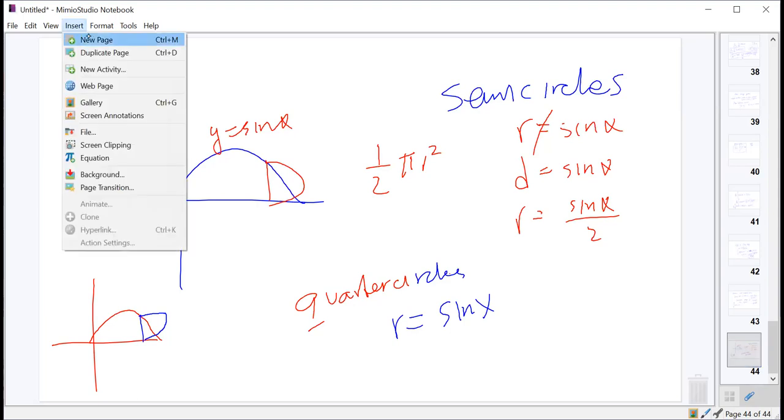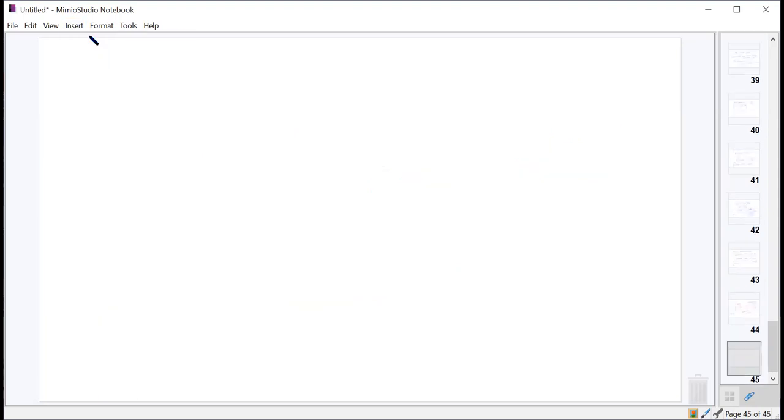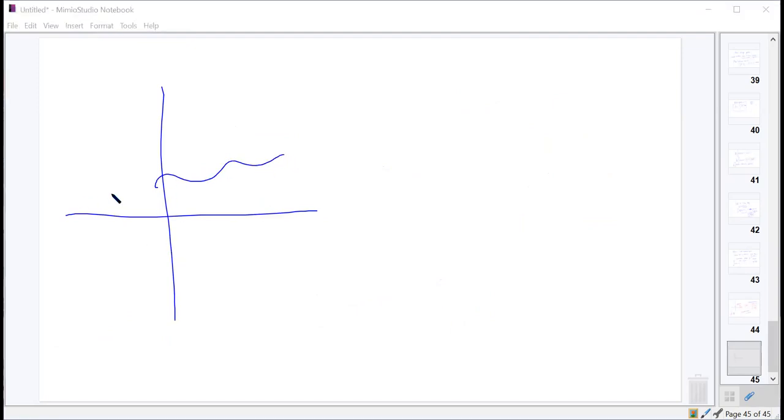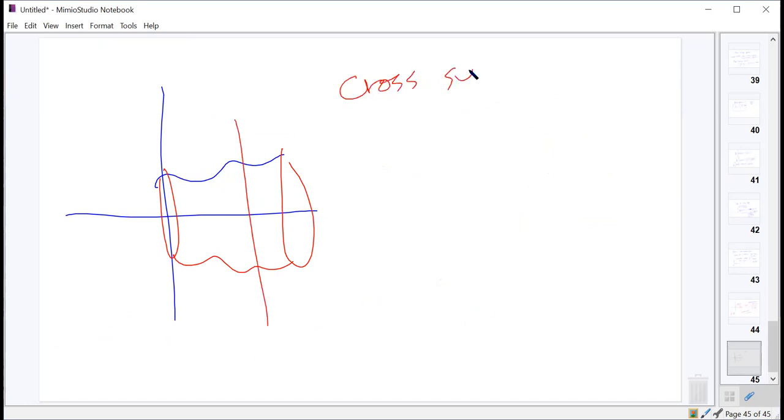Okay. Next is solids of revolution. There are two ways to do solids of revolution. I take this thing and I revolve it around the x-axis, let's say, so that we end up with cross sections perpendicular to the x-axis that are circles.